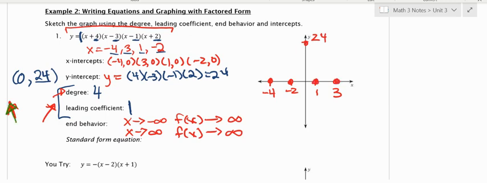You can see our end behavior starts up, so I'm going to just do a sketch. And then we're just going to do our best to pass through all these points. So I'm going to go ahead and pass through all the points. So it makes like a W shape. And that would be it.